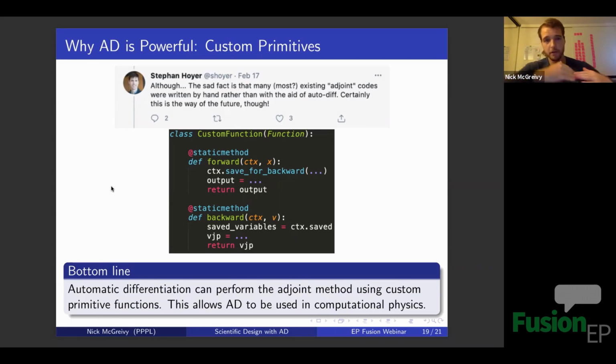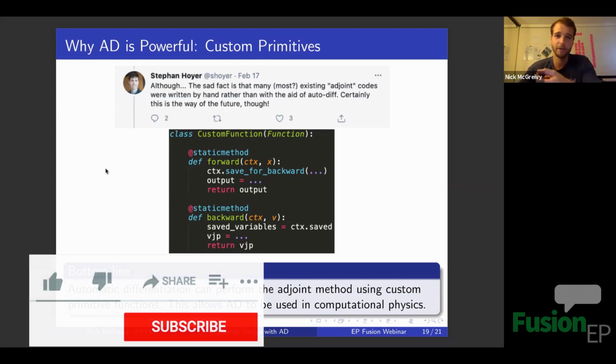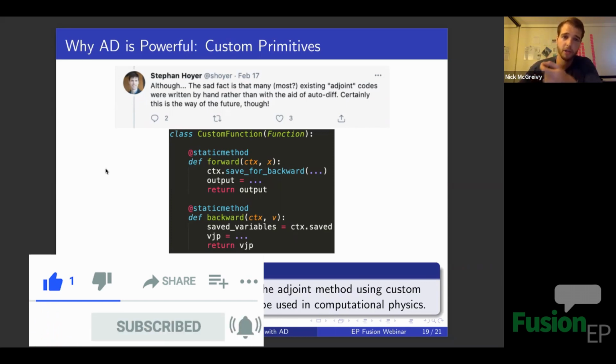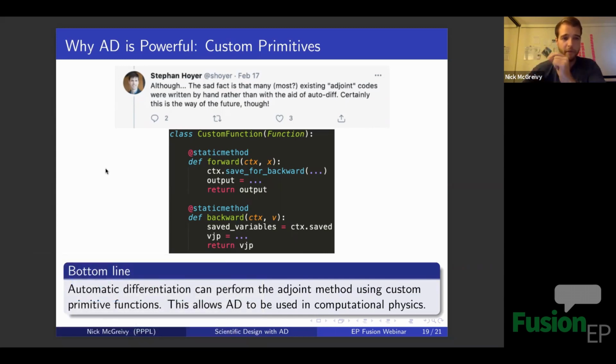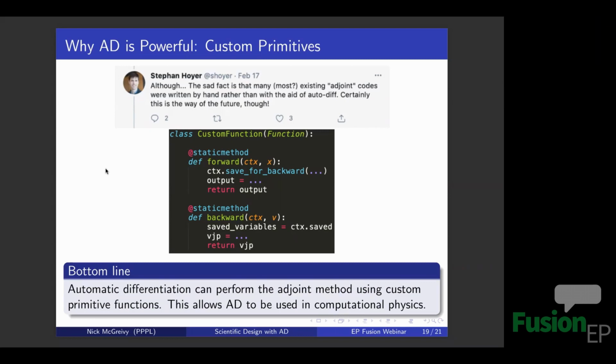For example, when you have discontinuous functions, like the ReLU function in machine learning, at x equals 0, what is the derivative at x equals 0? Mathematically, it's undefined, but computationally, we need to put a value on it. There are cases where the derivative mathematically does not exist, and of course, in that case, you cannot compute it.